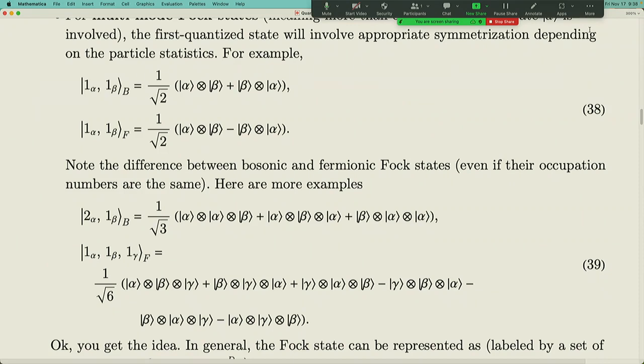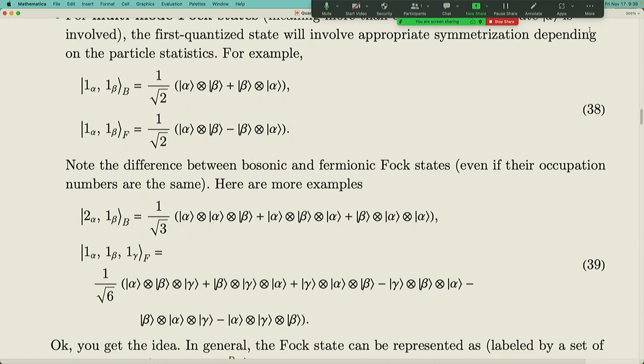The symmetrization operation also takes care of the plus or minus sign in combining these terms automatically. After that, you normalize the state to find the normalization factor in front. And then you can translate this occupation number, or Fock state, from the second quantized language into the first quantized language.